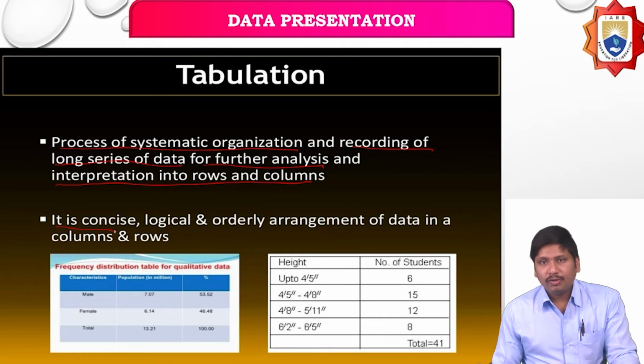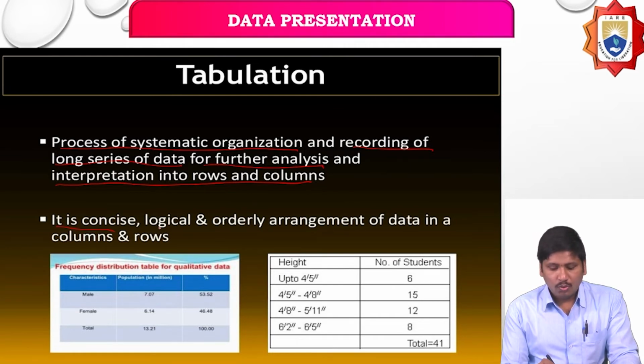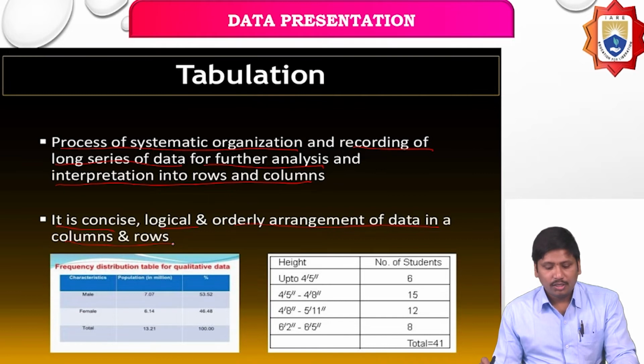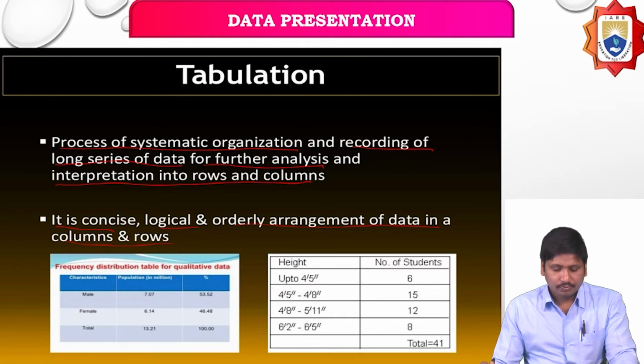This tabulation should be a concise, logical, and orderly arrangement of the data in the form of rows and columns. So the data I represent in the form of a table should be very concise, logical, and orderly arranged, in the form of rows and columns.